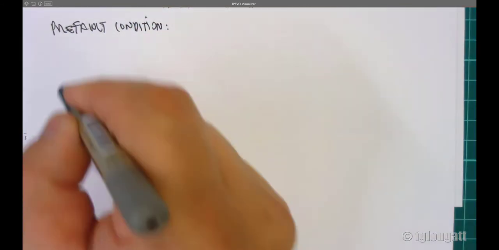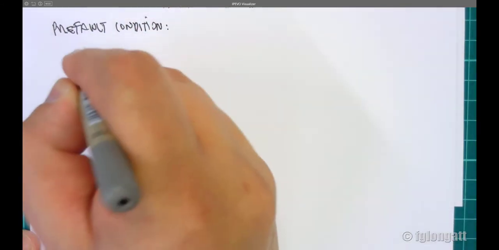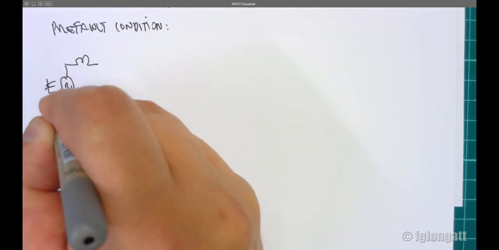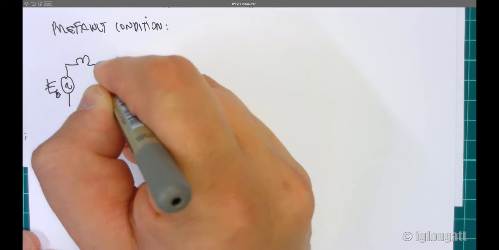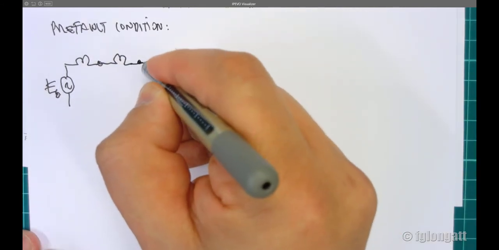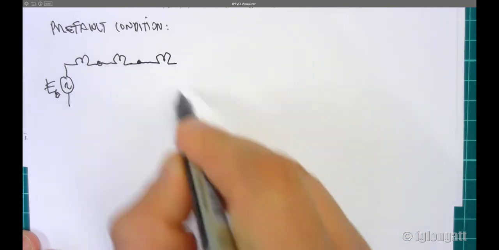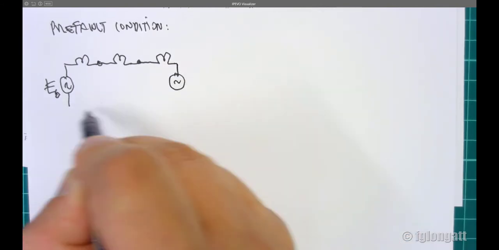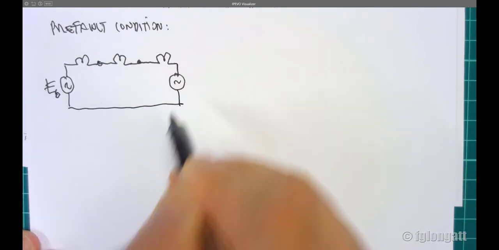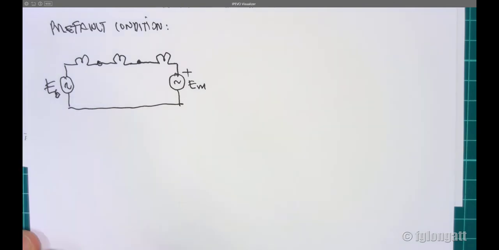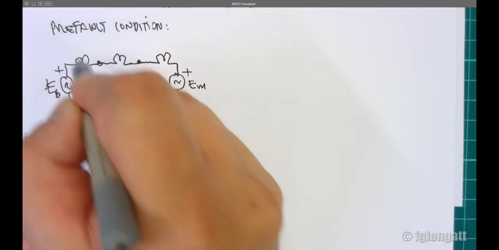This is the model of the generator. This is the reactance of the transformer. This is the reactance of the motor. And we have here the internal voltage of the motor, and this is the internal voltage of the generator.